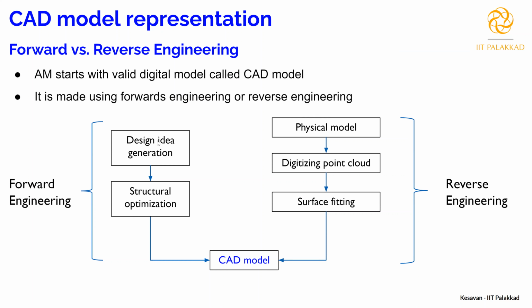That's what is shown here. You have a design idea, then structural optimization, physical model, digital point cloud, surface fitting. This is different. The design idea and structural optimization is what is forward engineering.